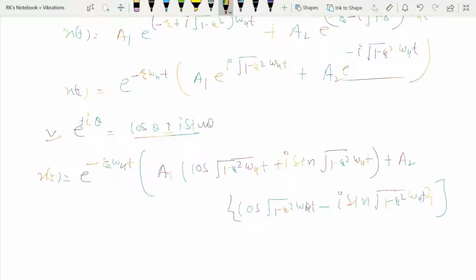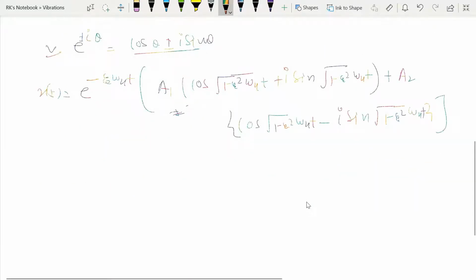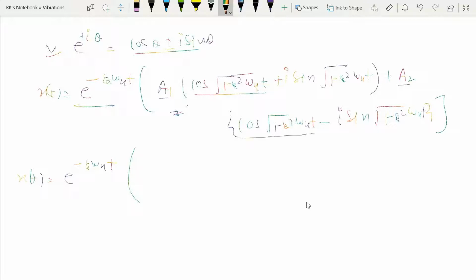If we simplify this now, x(t) has the term e raised to power minus zeta omega n t, and from here we have A1 multiplied by cos square root of 1 minus zeta square omega n t, and from here A2 multiplied by cos square root of 1 minus zeta square omega n t. So we can take cos square root of 1 minus zeta square omega n t as common.